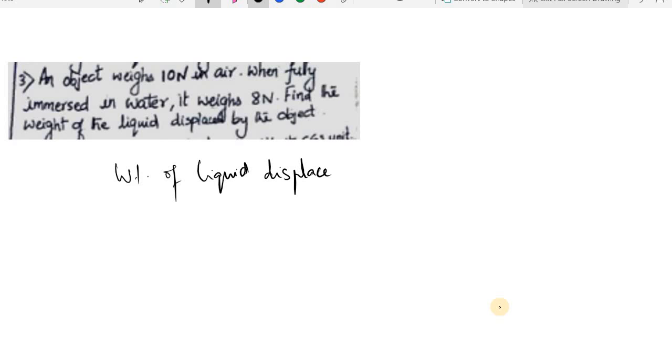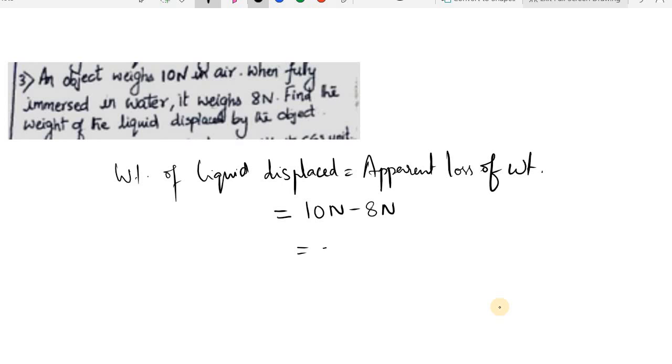So the loss of weight in this case is 10 Newton minus 8 Newton, which is equal to 2 Newton. So 2 Newton is the weight of liquid displaced by the object.